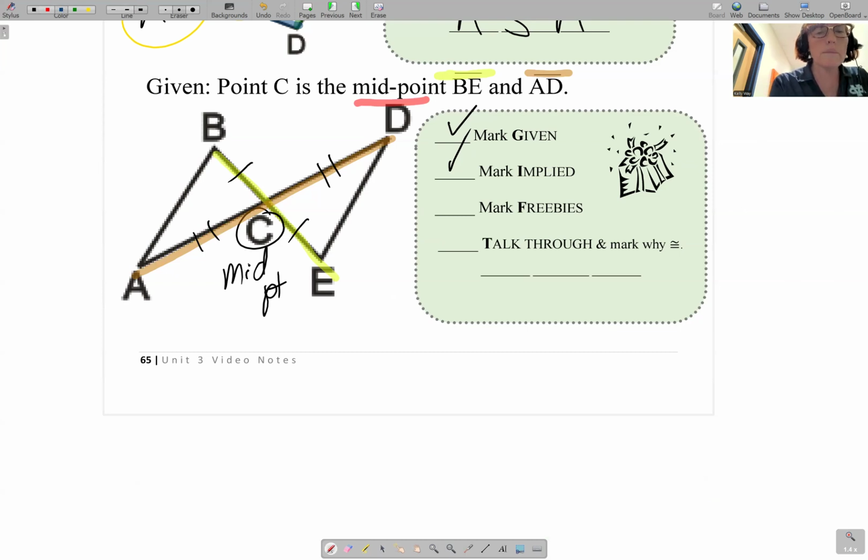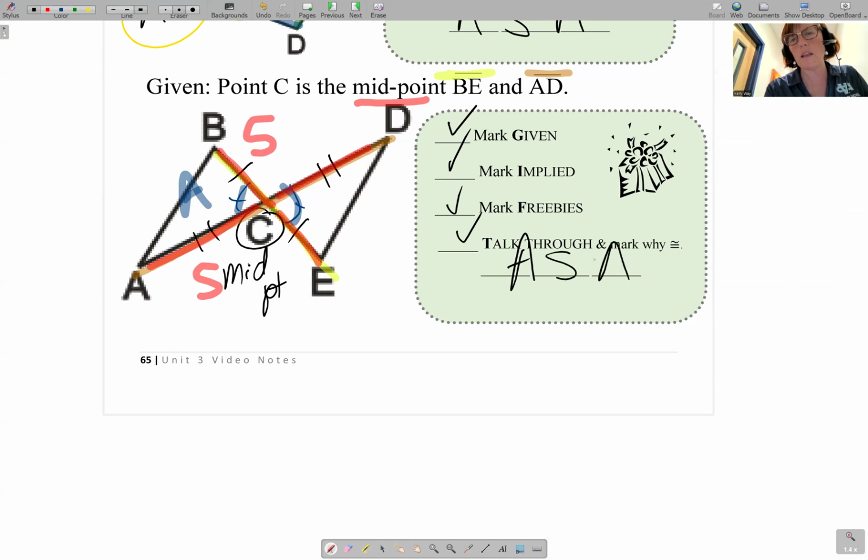Freebies, vertical angles down the middle. And now you talk it through. Right here, I have a pair of sides. Here I have a pair of angles. Here I have another pair of sides. So the shortcut here is angle, side, angle.